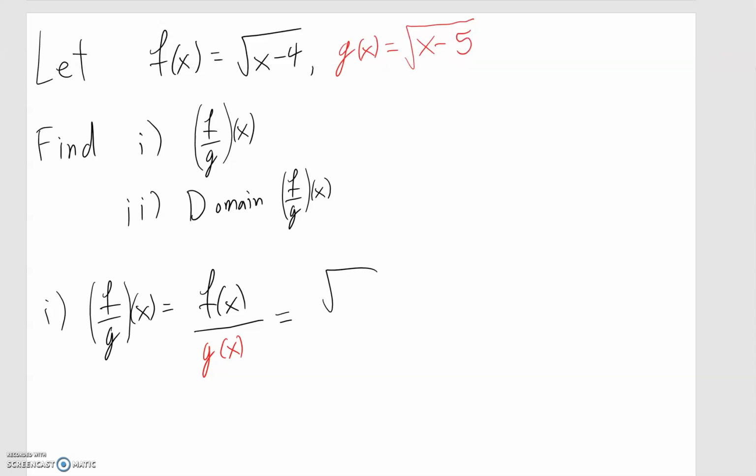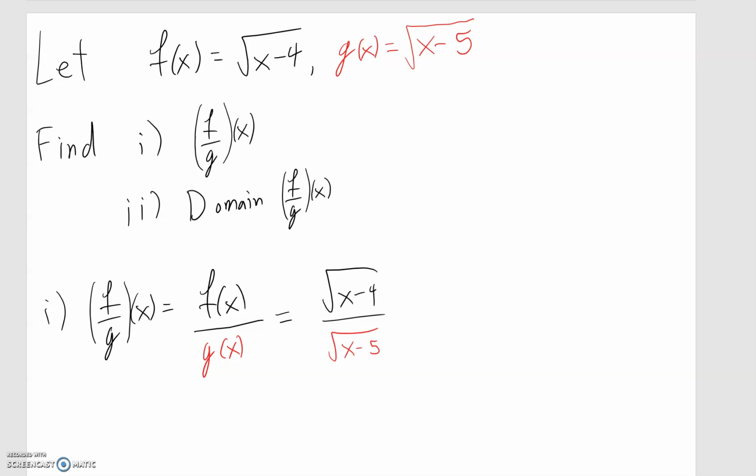So this equals the square root of x minus 4 divided by the square root of x minus 5. And that's it. That's all there is to do for finding the ratio of those two functions.